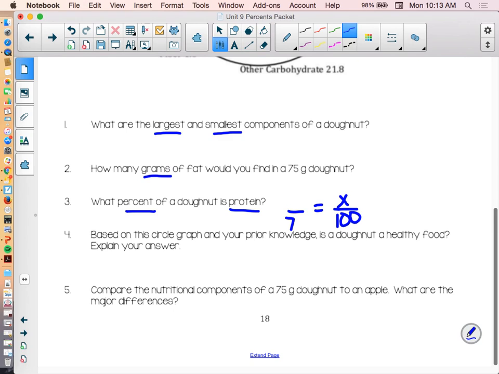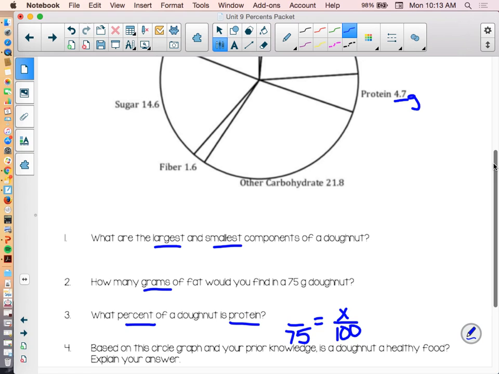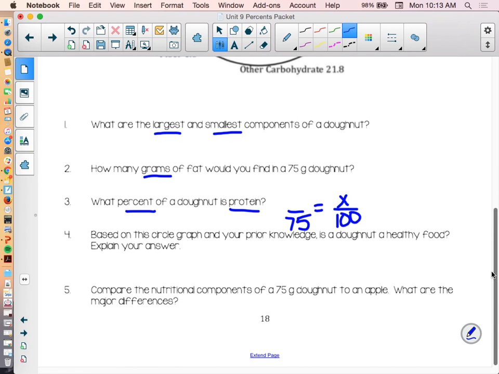You know we're talking about a 75-gram donut. And you know how much is protein. So 4.7. Make sure when you answer your question, you give the answer as a percent, because it's asking you what percent. And also, it doesn't say what to round to, so please give your answer as exact as possible.